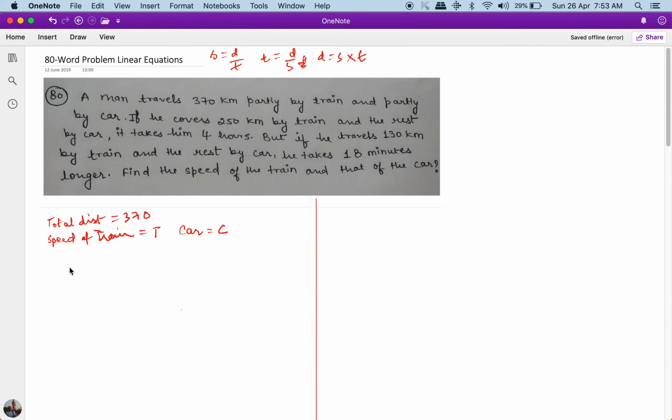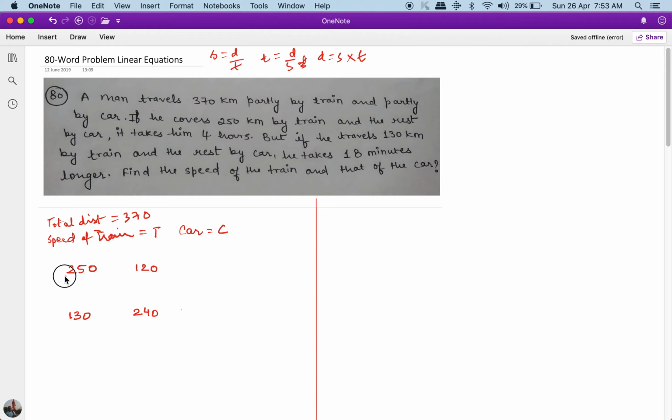So in the first condition he travels 250 kilometers by train and the remaining, that is 120 kilometers, by car. In the second condition he travels 130 kilometers by train, and what remains is 370 minus 130, which is 240, by car, and he takes 18 minutes longer.